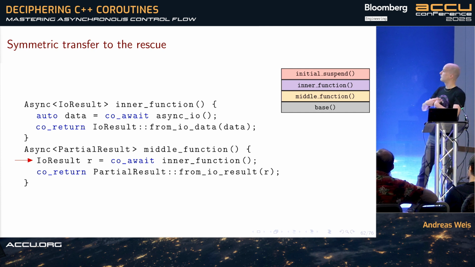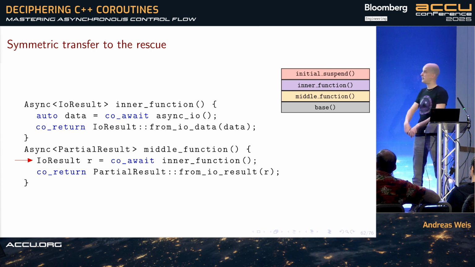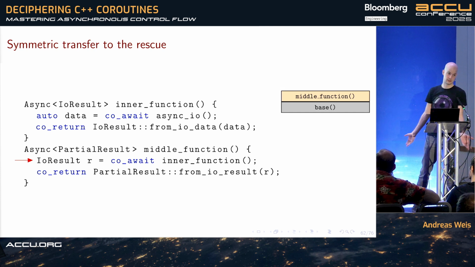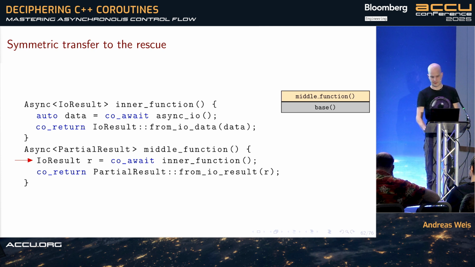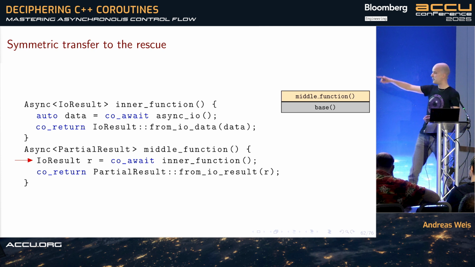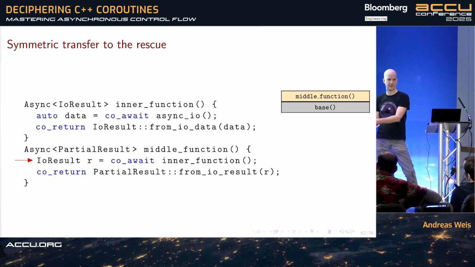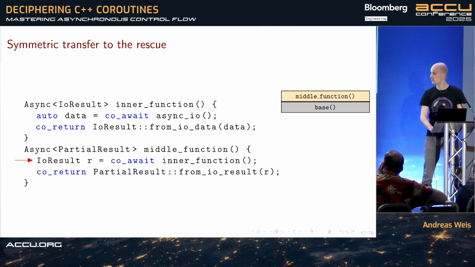Inner function constructs the return object, runs into the initial suspend, and before it gets to the body of the inner function, it suspends. Return control goes right back to the middle function. Now the middle function is here, between the co-await and the inner function, right? Inner function returned, I got the async IO result back, and now I co-await on this.